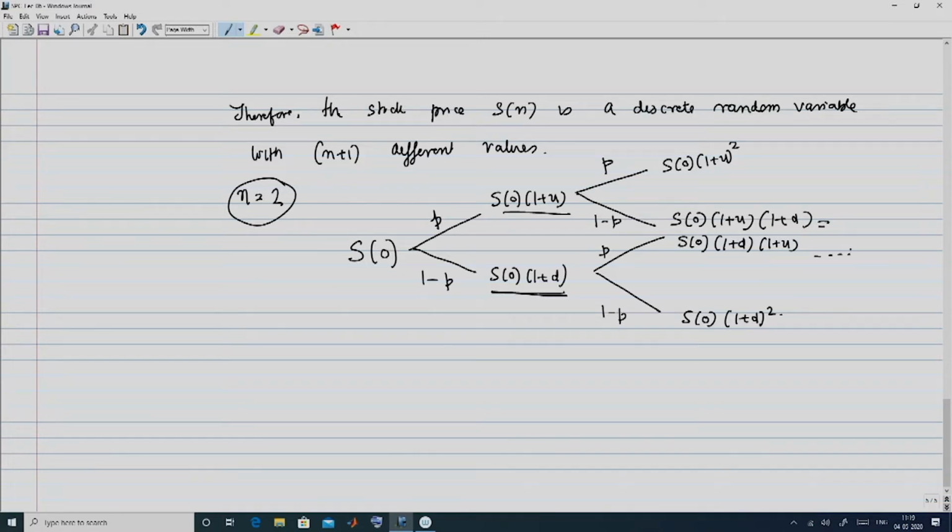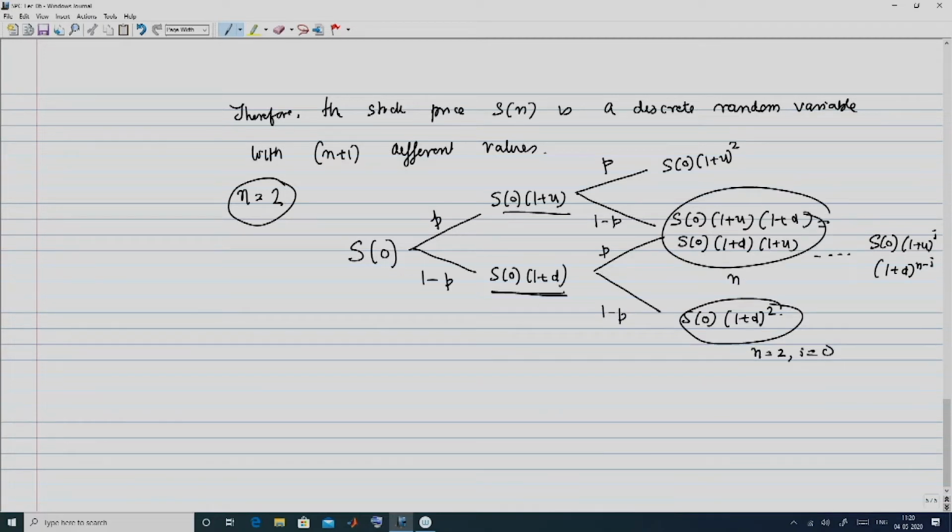So, that is how we generically end up with our formula for S naught into 1 plus u raised to i into 1 plus d raised to n minus i. So, here n is equal to 2. For i equal to 0, we have this. This is when n equal to 2 and i is equal to 0. This is the scenario when n is equal to 2 and i is equal to 1, and this is the scenario when n is equal to 2 and i is equal to 2.